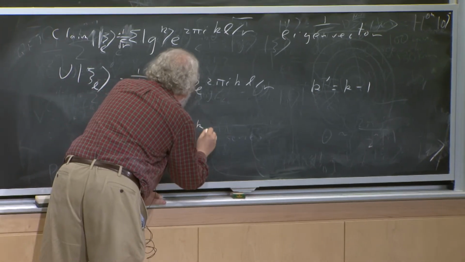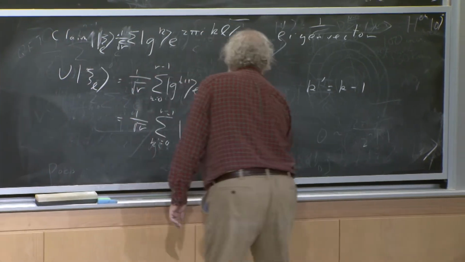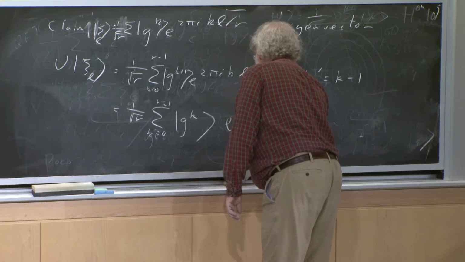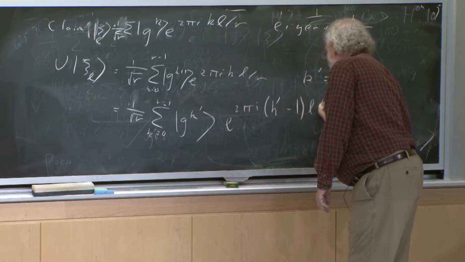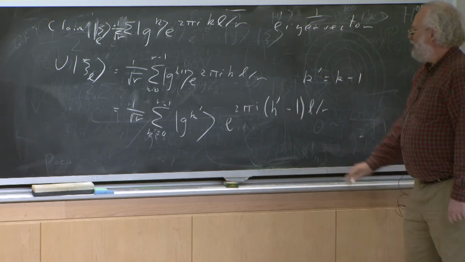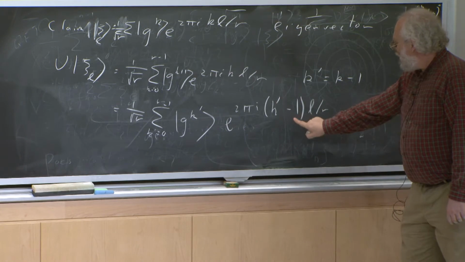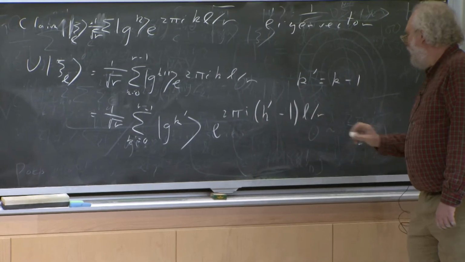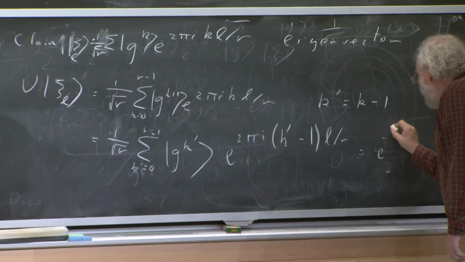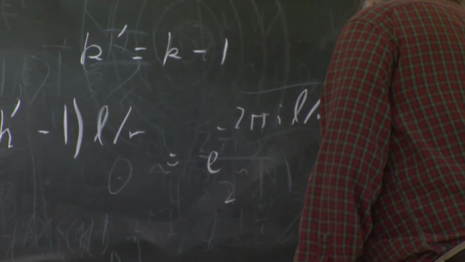We replace k plus 1 by k, and get e to the 2 pi i (k prime minus 1) L over r. So this is the same as before, except we've multiplied by e to the minus 2 pi i L over r times our eigenvector.